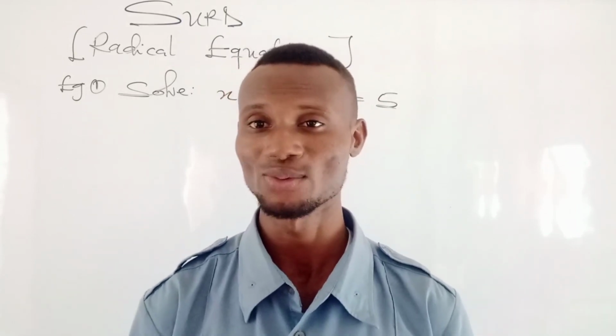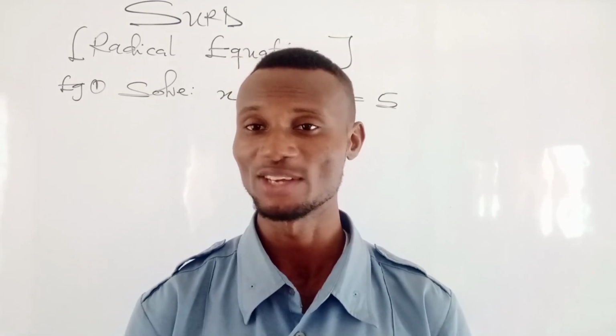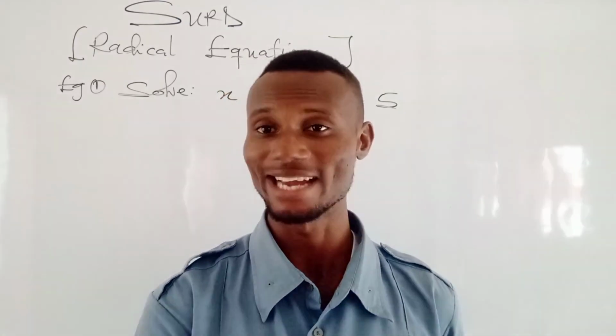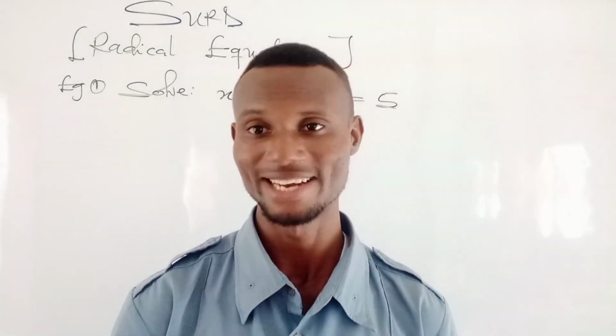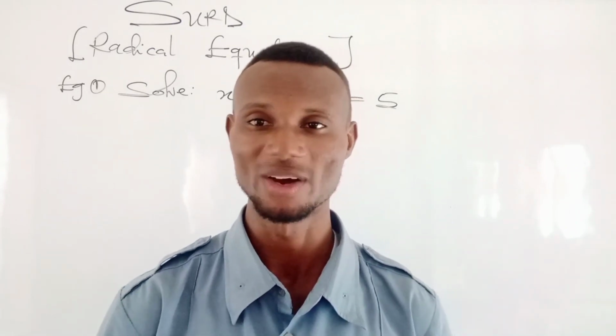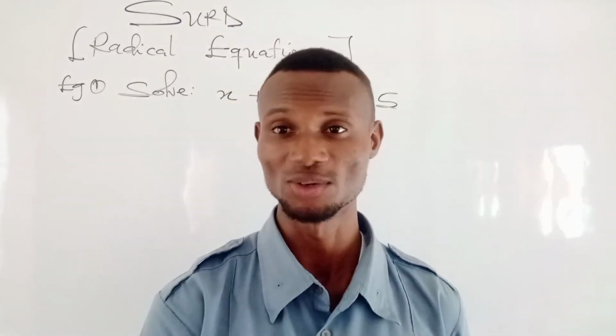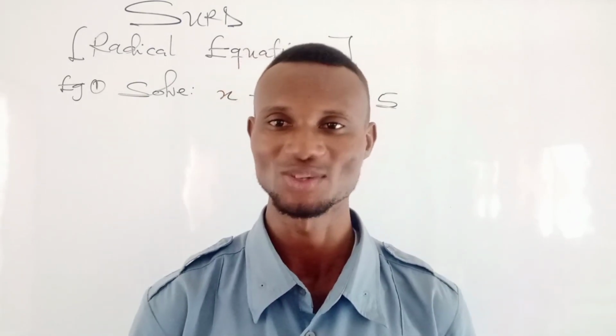And the last thing that we learned under the set was the rationalization of set. In the last video, we did a detailed explanation on it, and we solved many examples on it as well, and I hope you understood it and you enjoyed the lesson as well.